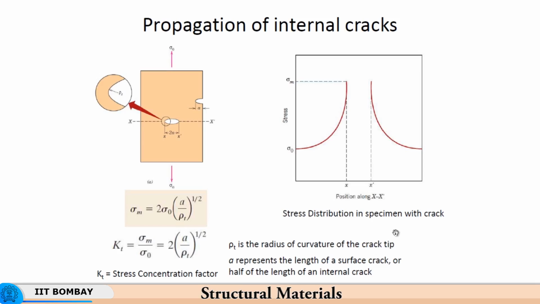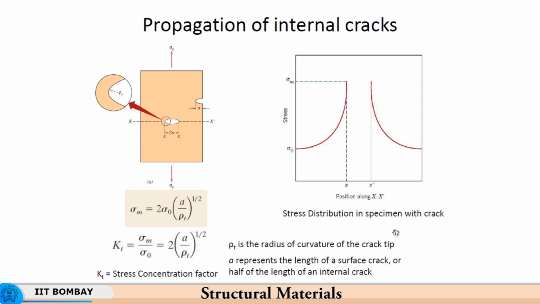So, now as you approach, at the ends you will find that there is some average load being carried, but then as you move closer to this, you will find that the stress experienced by the material very close to the flaw is extremely high.